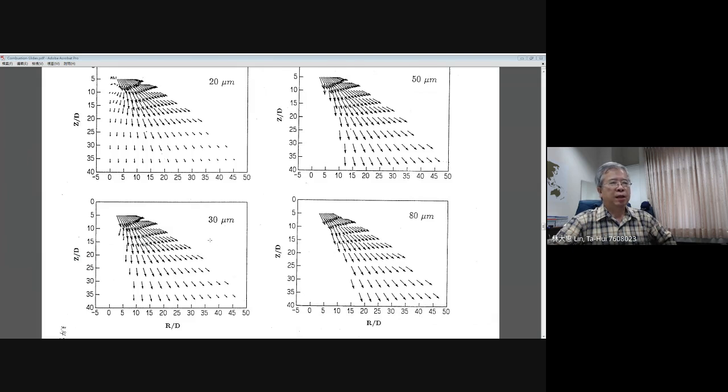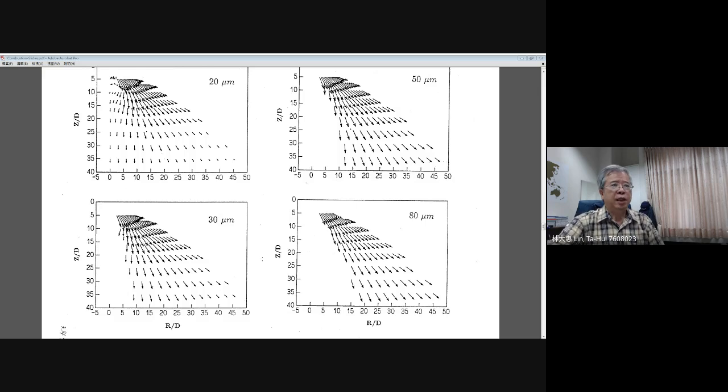Those droplets are very large, and they do not have a chance to be pushed into the interior region. In the interior region of the spray, they have a small velocity and do not have strong momentum. All the spray momentum is concentrated in a small region of your spray sheet.